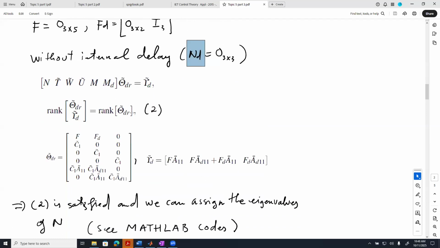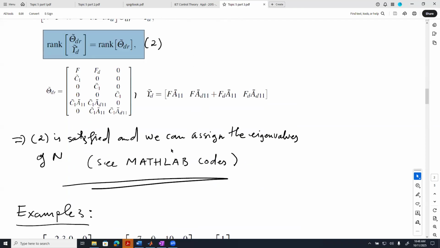And so if we apply our method and substitute and check this condition, we find that it's actually satisfied.